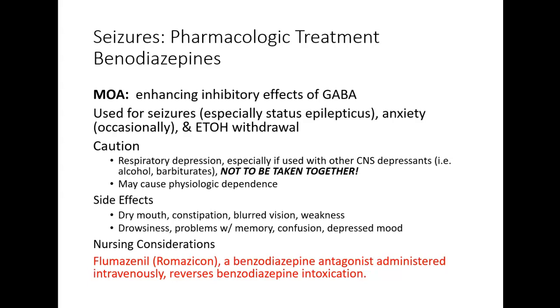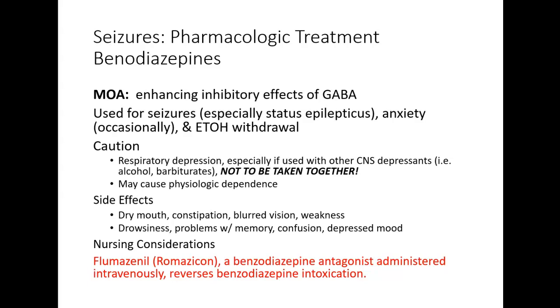But these are the drugs that we use, and they enhance the effects of GABA, which is gamma-aminobutyric acid, I believe. So there are some considerations. There is a reversal agent for benzodiazepine intoxication.